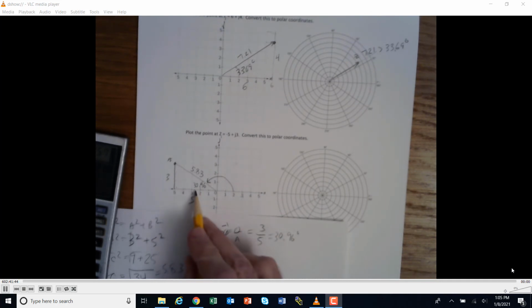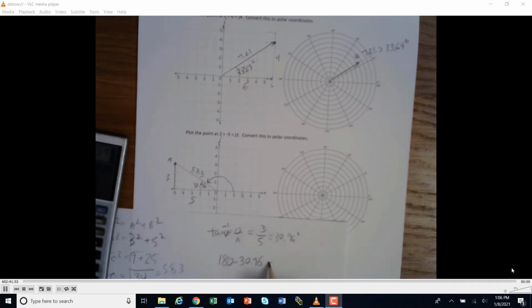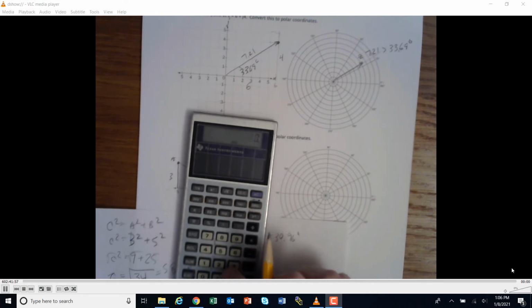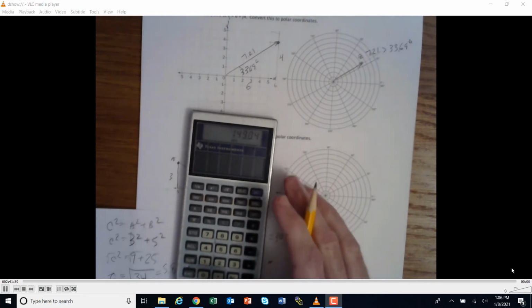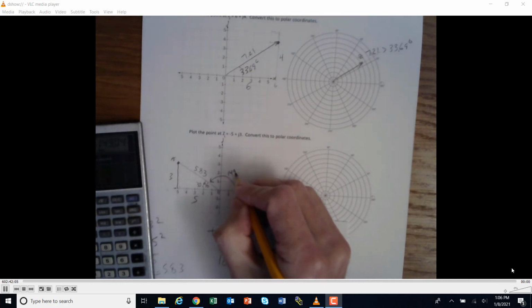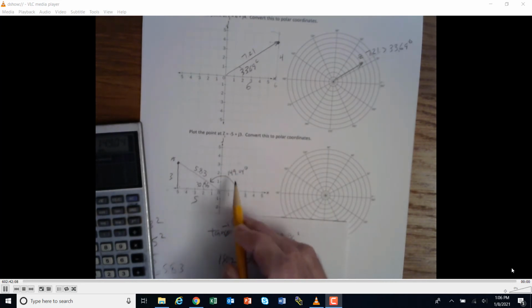It must be 30.96 less than 180. So if I go 180 minus 30.96, I get 149.04 degrees. And that's what this here is, 149.04 degrees, because remember, these two must add up to make 180.